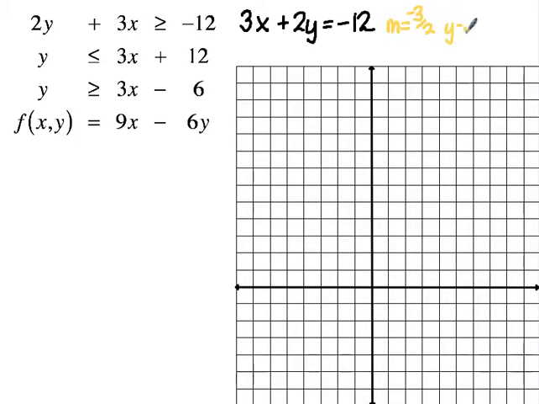And your y-intercept is what? Negative 6. Nice job. So I'm going to go ahead and put a dot at negative 6, right close to the bottom. A slope of negative 3 halves. I don't have any room to go 3 halves, so I'm going to actually go up and to the left. Up 3 to the left 2.